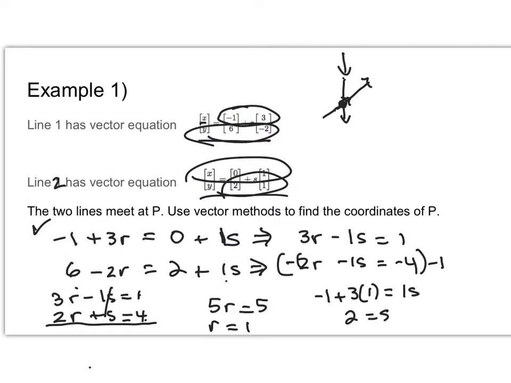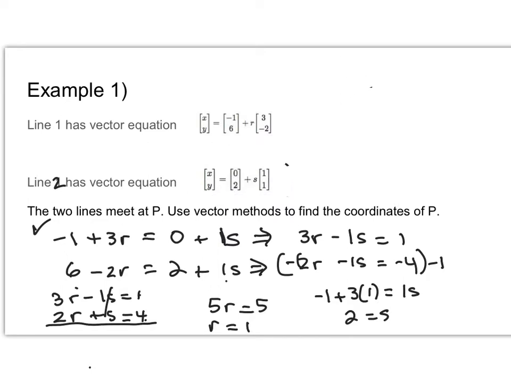All right, I want to check my equations and make sure they're both equal. Let me erase what I have here so you can see better. In my first equation, if r equals 1, then x equals -1 plus 3, and y equals 6 minus 2, which means that x is 2 and y is 4.